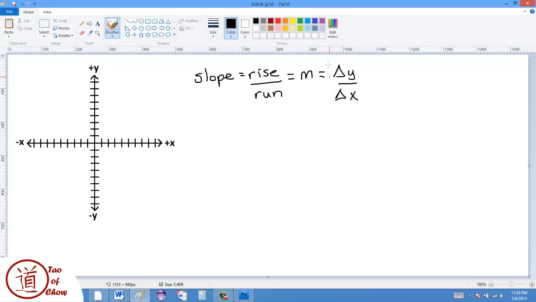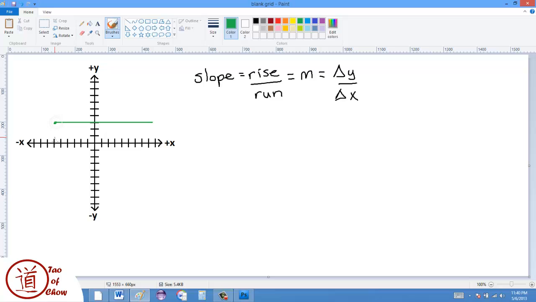So first thing I want to do is talk about a horizontal line. Let's say, for instance, I had a horizontal line, and I'll just make it go like this. Let's just give some points here. They don't have to be exact for the example.